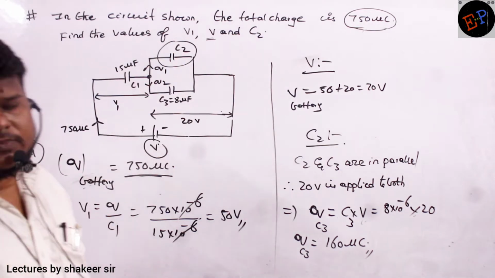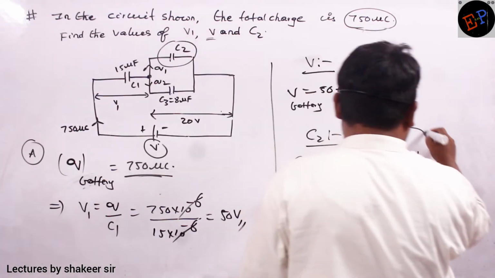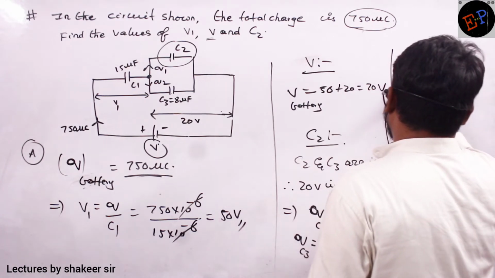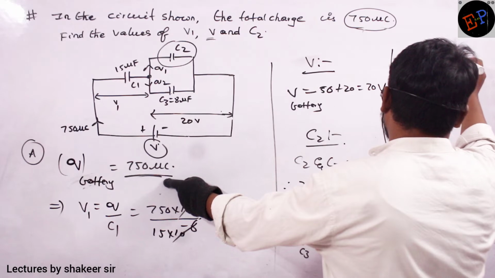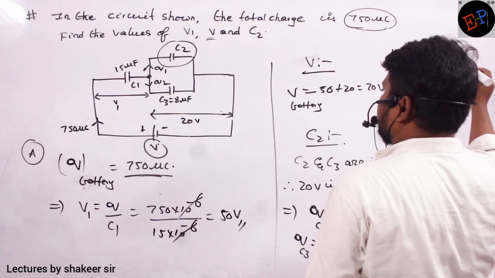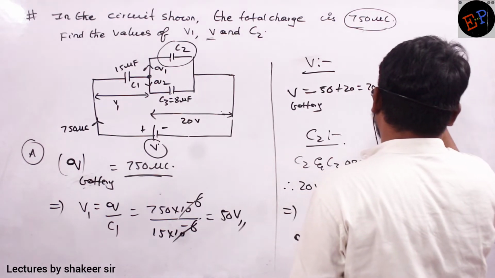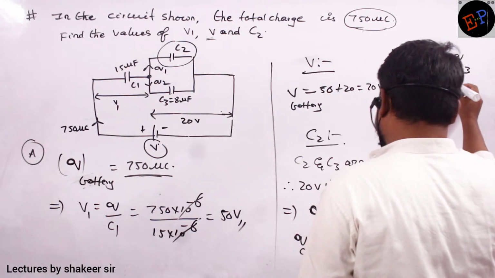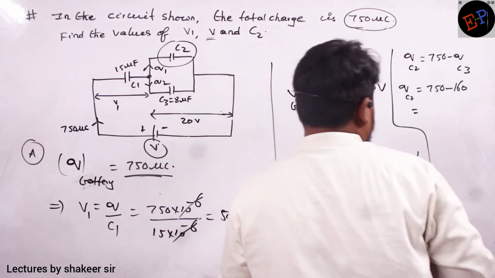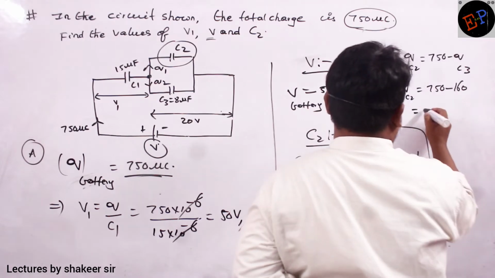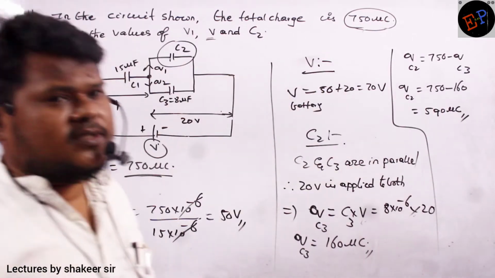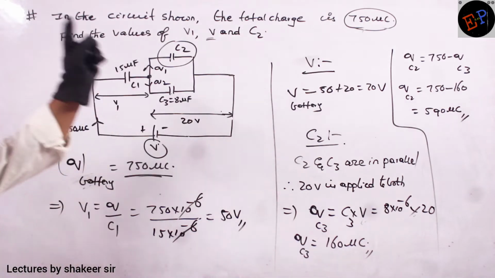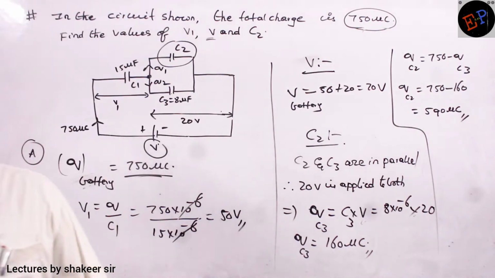So the charge in C2 is the total charge 750 minus the charge stored in C3. So Q2 is 750 minus 160, which is 590 microcoulombs of charge. That is the charge stored in C2, that is our answer.